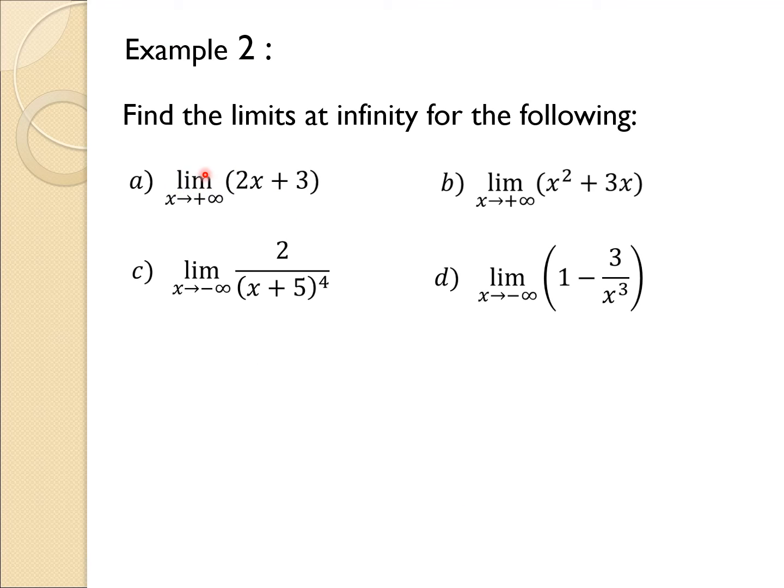Example 2, find the limit at infinity for the following. First, limit as x approaches infinity of 2x plus 3. So when you substitute infinity, you get what? 2 times infinity equals infinity, plus 3. So infinity plus 3 equals infinity.